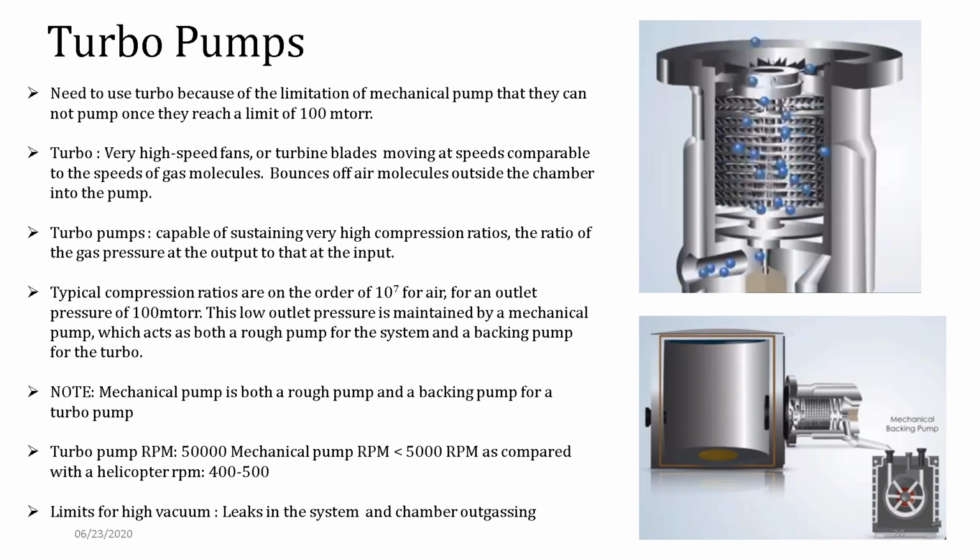Because of this, when the air molecules hit one of these blades, they bounce off outside the chamber into the pump. They have the capability of sustaining a very high compression ratio, that is the ratio of gas pressure at the output to that at the input.